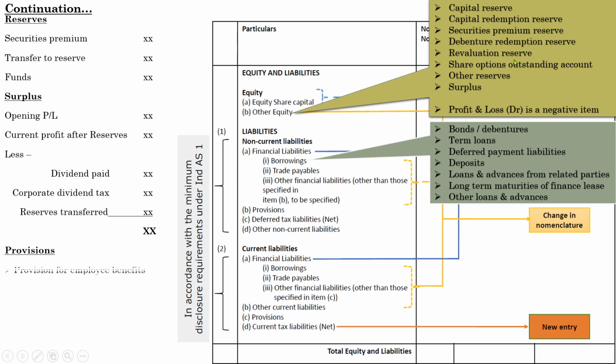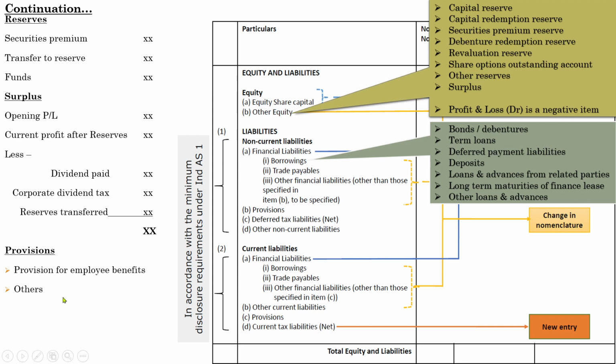There are mainly two items. One is provision for employees' benefit, which will be mentioned directly in the question, and others. Others means any other provision created for meeting any other purposes. It will be specifically mentioned in the question, so don't worry about it. Whenever there is a provision regarding this, show it under this heading. So that is with regard to provisions.